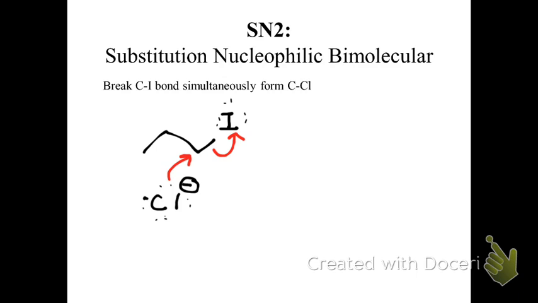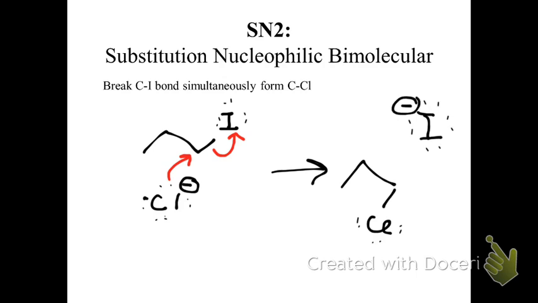What's the result of this? The exact same product. I'm going to draw it a little bit goofy. I'm actually going to leave it to you guys to discover why, I think. We'll see. And we end up with our same products, just in a shorter reaction.